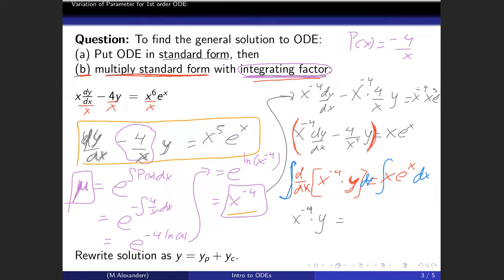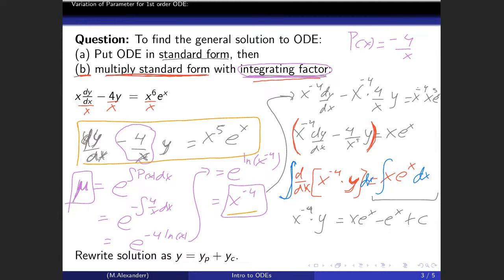And then on the right side, you have the integral of x e to the x. And that is the problem that we practiced right before this. And so the answer to that was x e to the x minus e to the x plus c. This is where we have to do the uv substitution, but we did that in the previous slide. And so here I'm just giving you the answer.